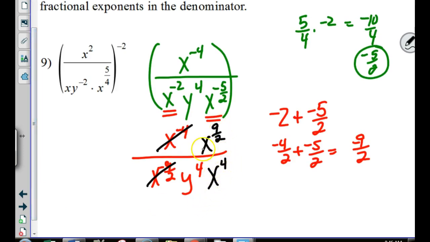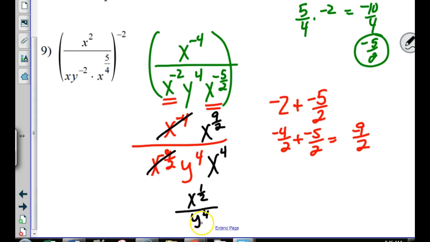These 4 will cancel 4 of these, and we have x to the 1/2 on top, and a y to the 4th in the denominator. Are we done? Can we be done? Yeah, because there's no fractional exponent in the denominator. So this is equivalent, just so we're clear, to the square root of x over y to the 4th.